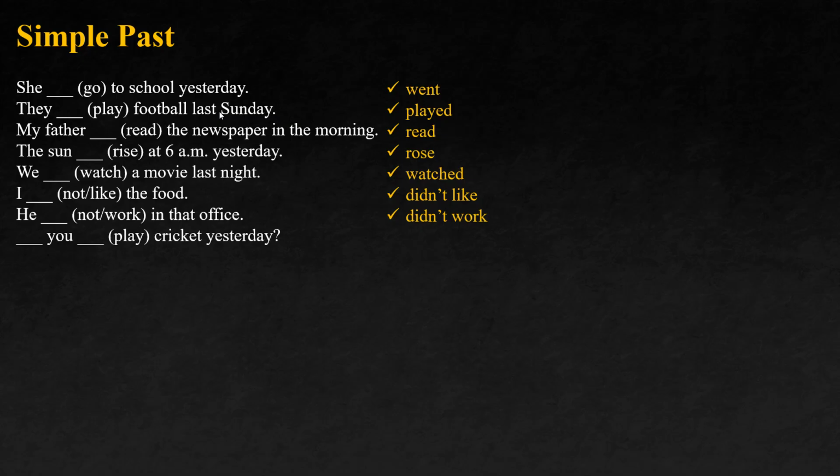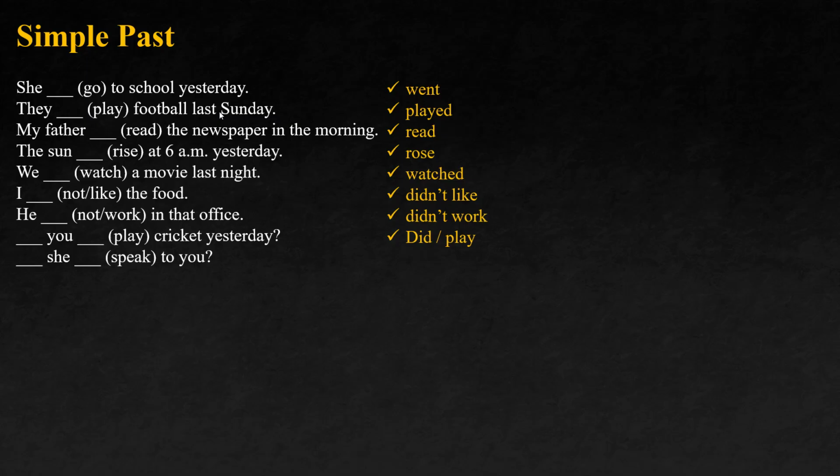Did you play cricket yesterday? Pratham. Doesn't do. You played cricket yesterday? First, there is a blank. Did. You need to add did. Did you played cricket yesterday? Good. It is not played, it should be play. You just need to use only one past form. Okay. Did you play? Clear.